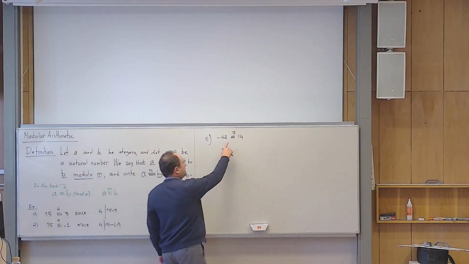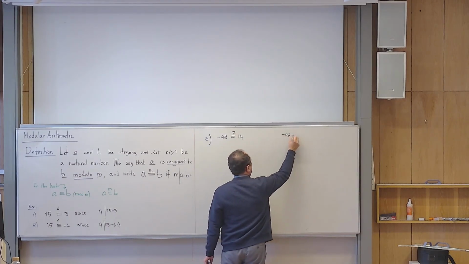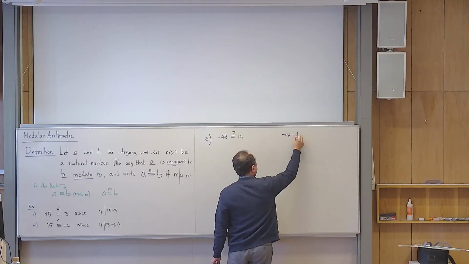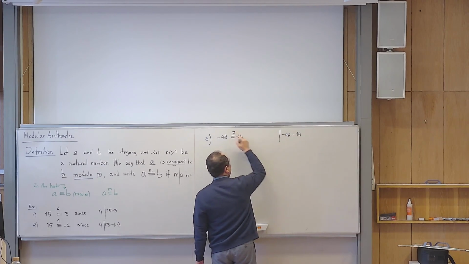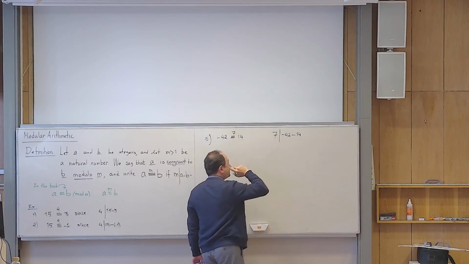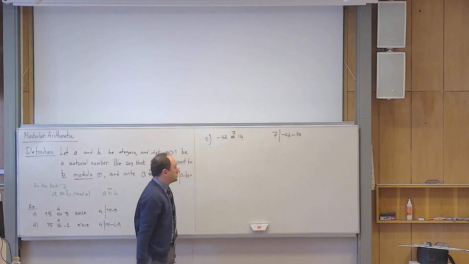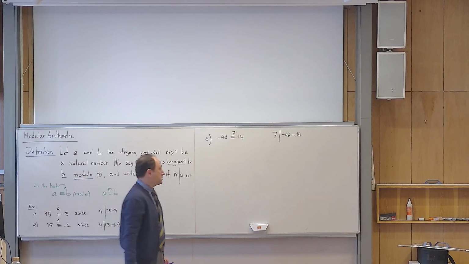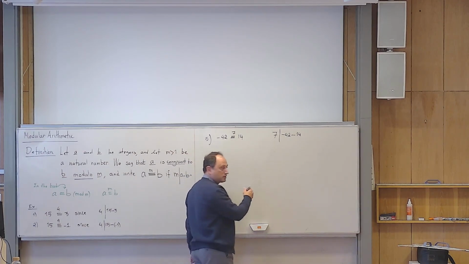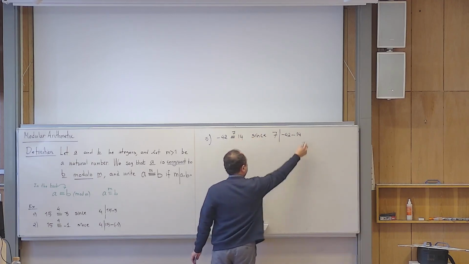If I want to see if this is true or false, I need to take the number on the left minus the number on the right, and then ask myself, is this number that I generated in this way divisible by the number on top or not? If the answer is yes, this is true. If the answer is no, this is false. So in this case, minus 14 minus 42 is minus 56. Minus 56 is divisible by 7. Yes? So this is true. So we say this is true.